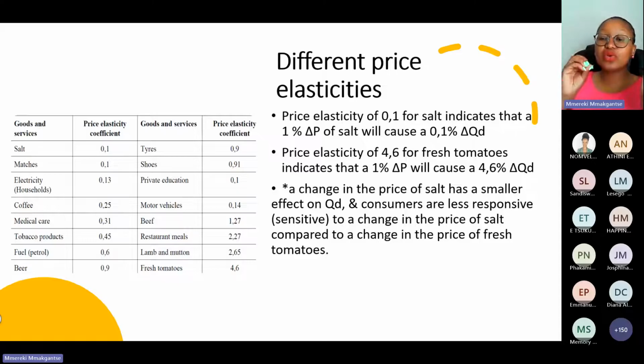However, with petrol, you cannot. So the quantity demanded won't change that much because you still need it. So we were checking the sensitivity. How sensitive are you as a consumer, how much would your quantity demanded change if there was a change in price.